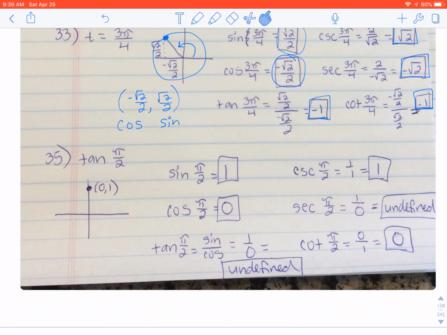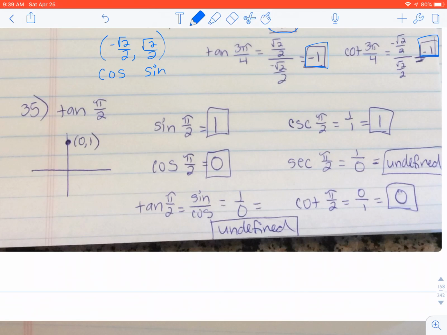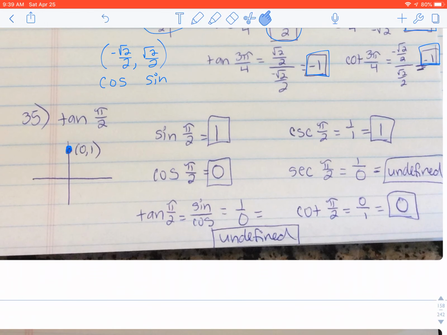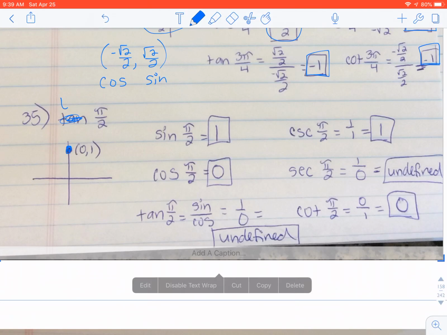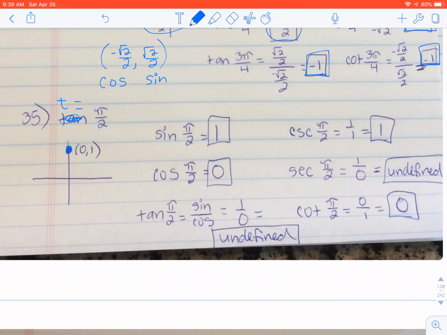Okay, number 35. Tangent of pi over 2. So tangent of pi over 2, our pi over 2 is right here. The location, or the ordered pair, of this, I'm sorry, this should say t equals pi over 2, is (0, 1), because we know on our unit circle that pi over 2 is right here.